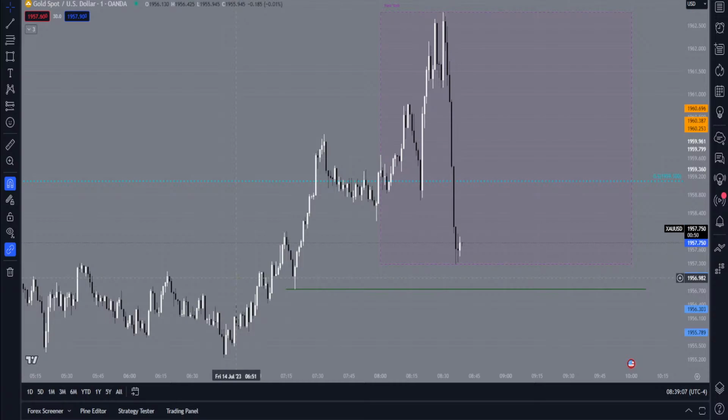But if you have another account for testing, like a 10K account or something, you could definitely try the gold strategy. So we're still waiting for it to break this line and close below it.